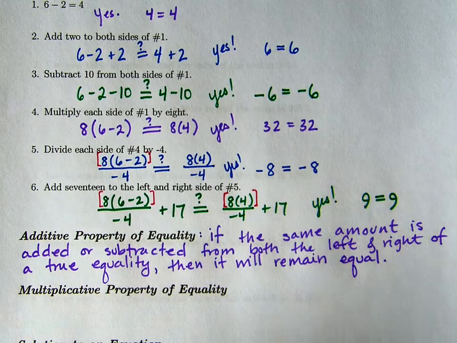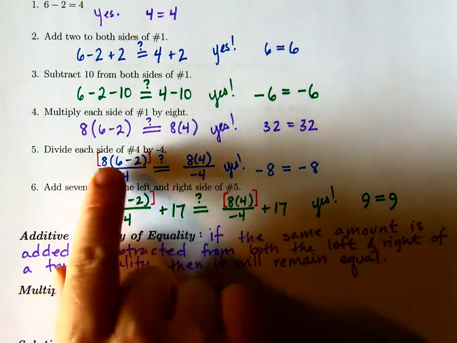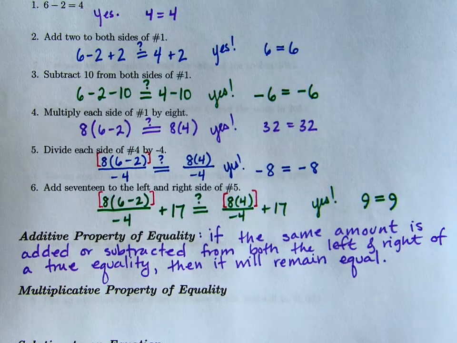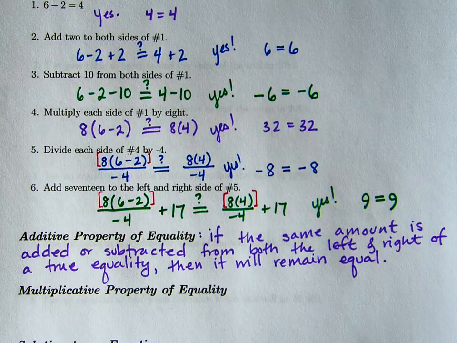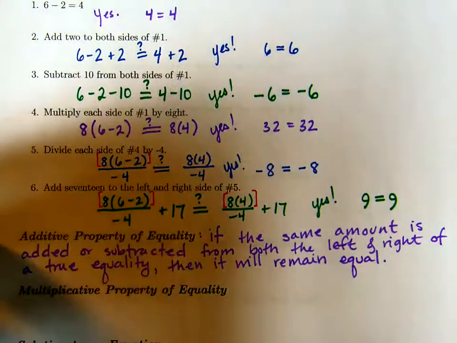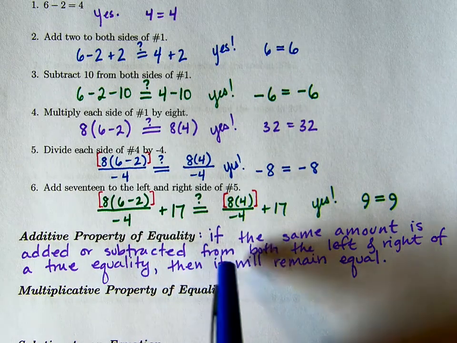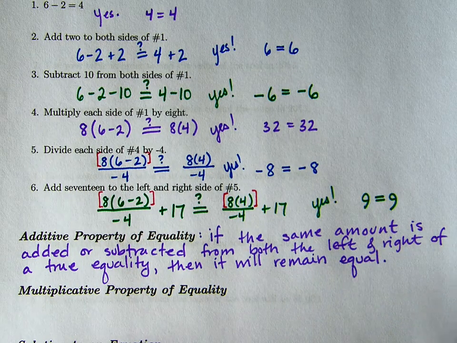Okay, and then the multiplicative one. So even when we multiplied or divided, the same thing happened. So we would just rephrase this: if the same amount is multiplied or divided by both sides, the left and right of a true equality.